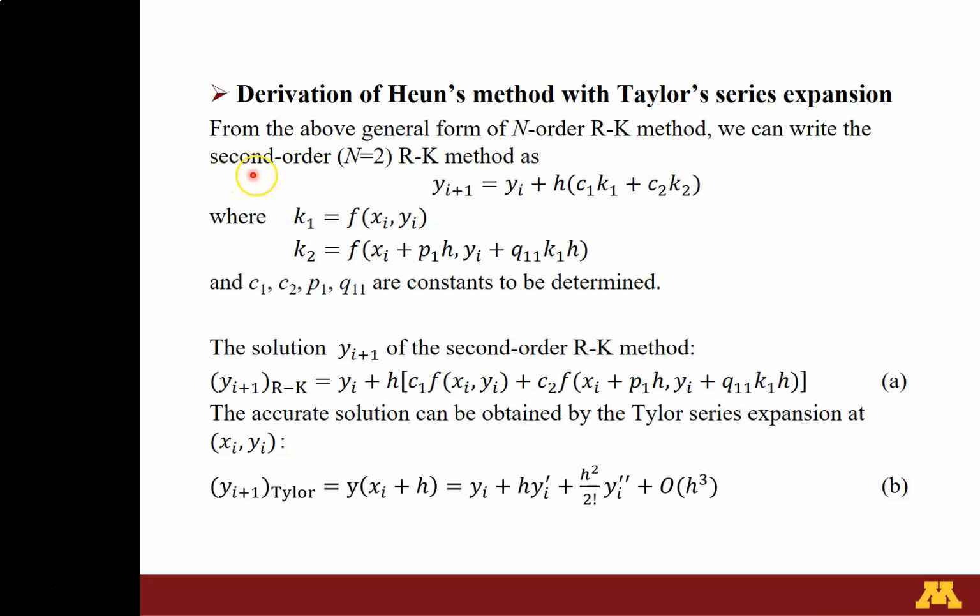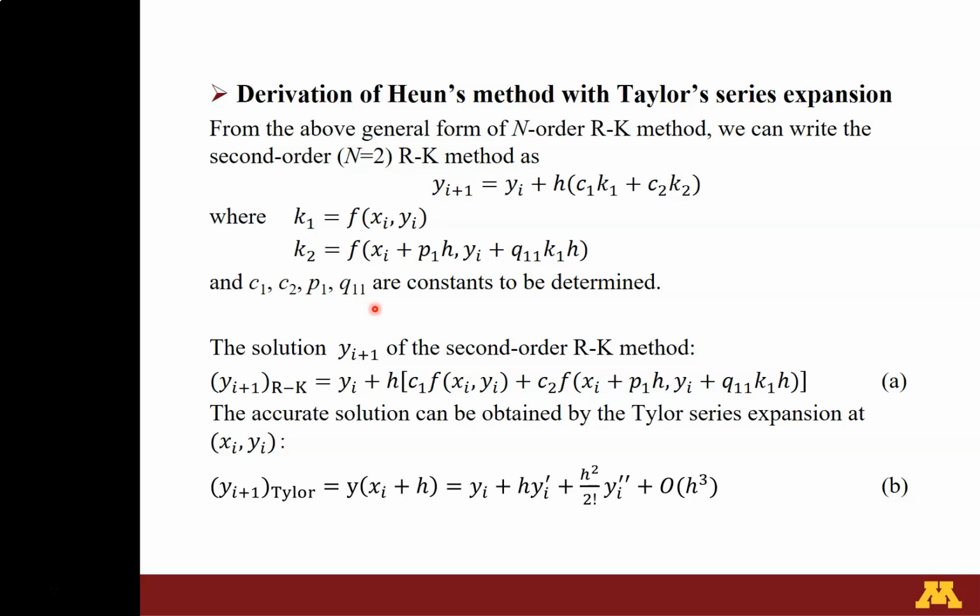For example, for the second order Runge-Kutta method, that is the Heun method, the standard format here is simplified: K1 equals, K2 equals this one, and then the coefficients C1, C2, P1, Q11 are the constants to be determined.